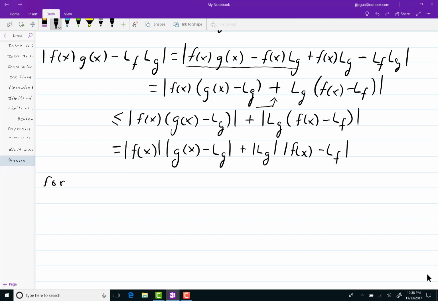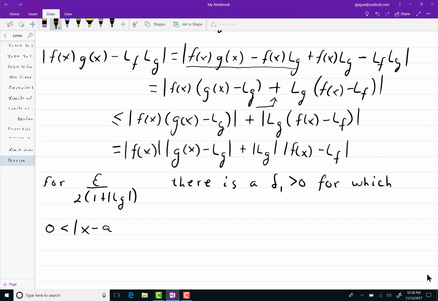for epsilon divided by 2 times 1 plus the absolute value of Lg, there is a delta 1 greater than 0 for which 0 less than |x minus a| less than delta 1 implies that |f of x minus Lf| is less than epsilon over 2 times 1 plus absolute value of Lg.